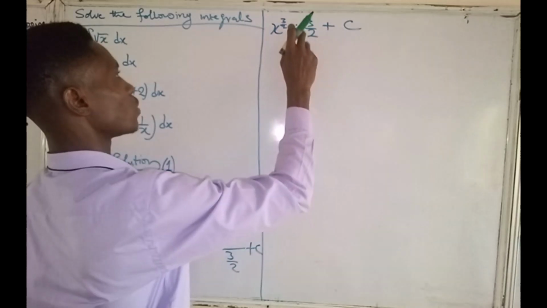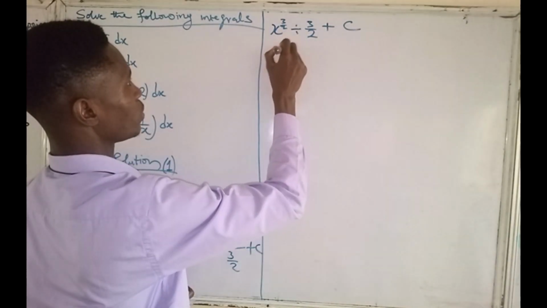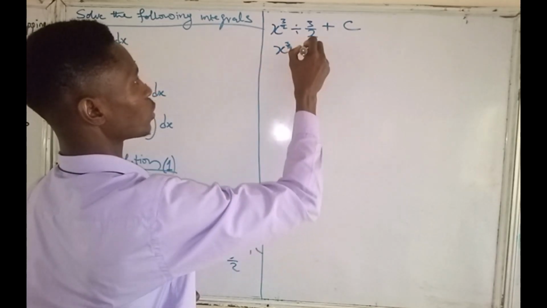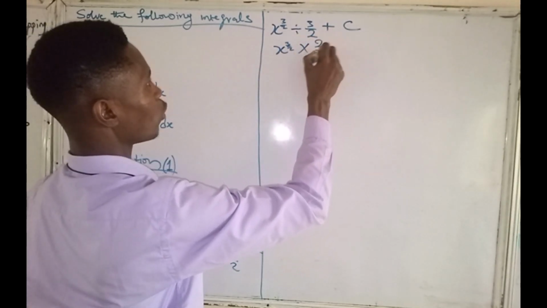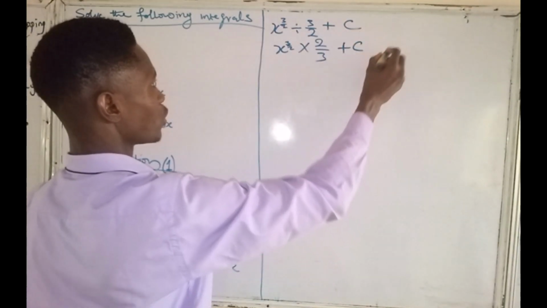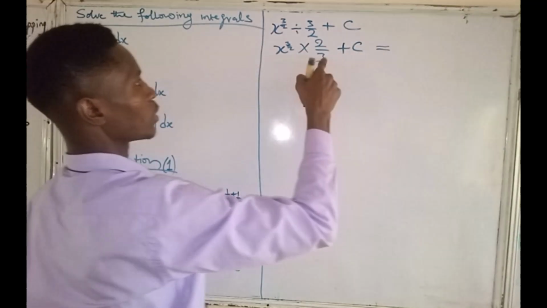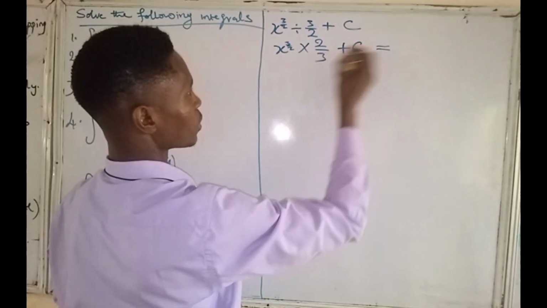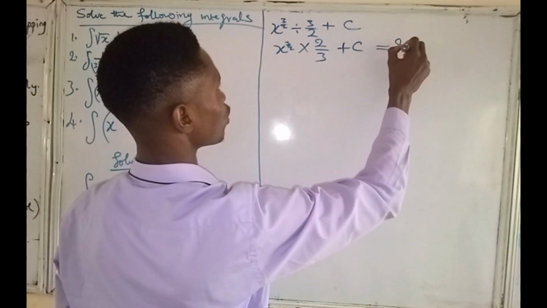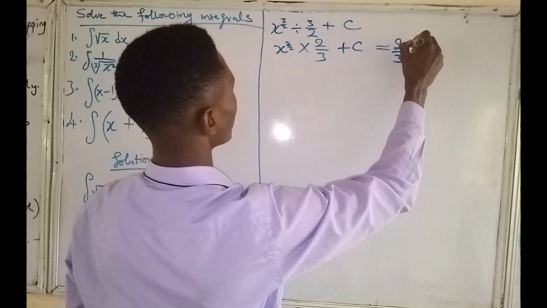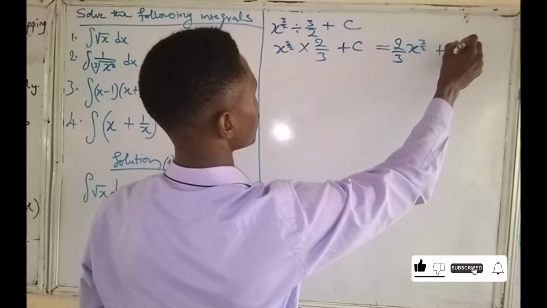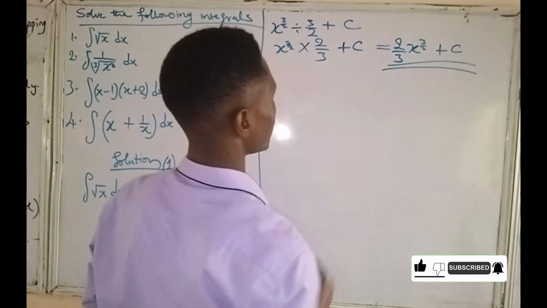So if we change this to multiplication, this is going to be x power 3 over 2 times 2 over 3, so it is reciprocated, plus c. So this should give us, this comes behind now since it's multiplying rather, so this is going to be 2 over 3 x raised to the power of 3 over 2 plus c, and this is our answer.